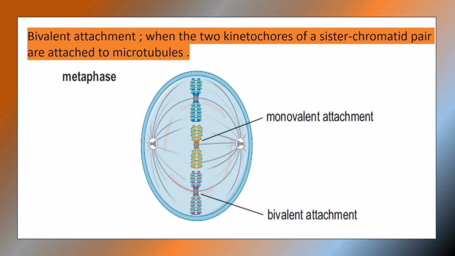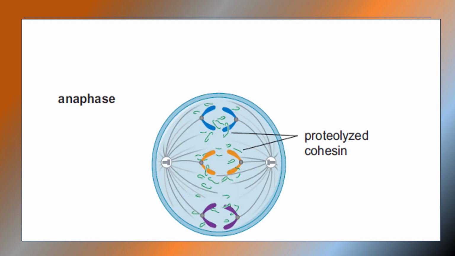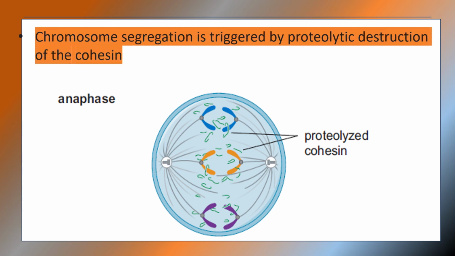After metaphase is completed, we have another phase, the anaphase. During anaphase, chromosomal segregation is triggered by the proteolytic destruction of the protein we have seen earlier. The same cohesin rings which were holding the sister chromatids together are now broken down.